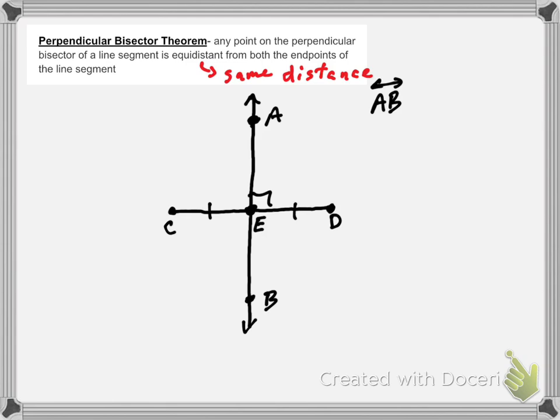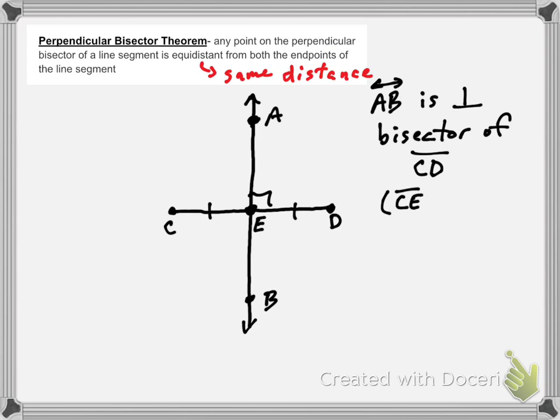That line is the perpendicular bisector of segment CD. So that means that CE is congruent to ED.